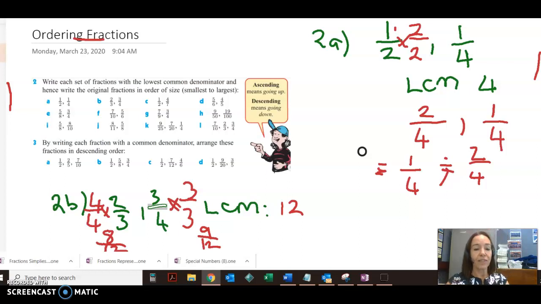So if I was going to write them in ascending order, I would say 2/3 and then 3/4. So it actually really was in the correct order. So have a go at the rest of number 2, and then 3 is a little bit of a challenge because there are 3 different values there. Give it a go.